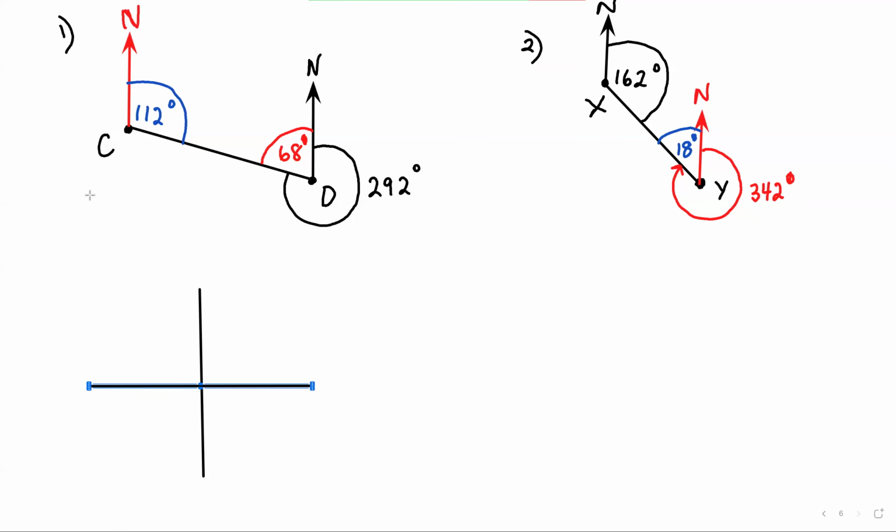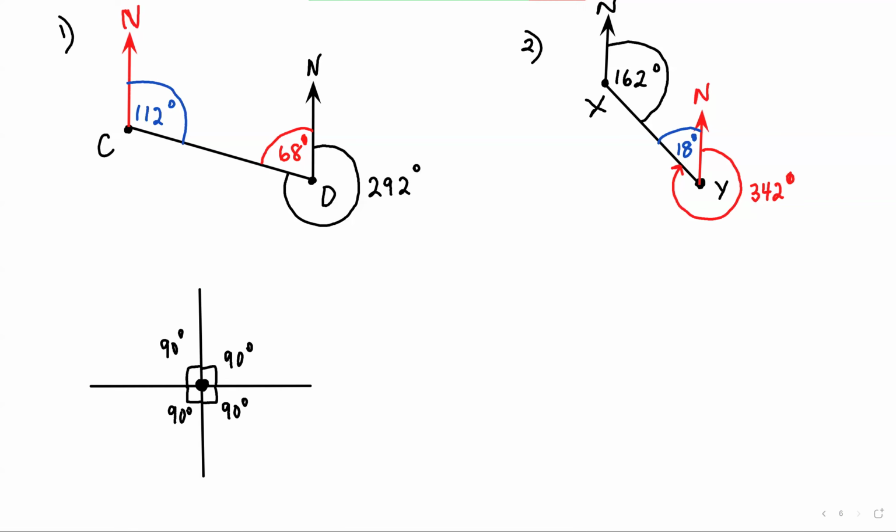It's made up of four right angles. So this angle here is 90 degrees. This angle here is 90 degrees. Here is also 90 degrees. And this is also 90 degrees, right? Those are all the angles around your point. It adds up to 360 degrees, all right?